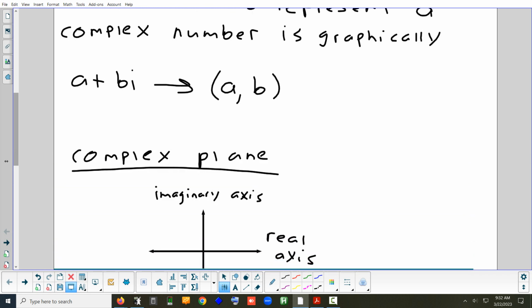And what we do when we graph complex numbers is we have two axes. There's a horizontal and a vertical, but we do not call them x and y. When you graph a complex number, we call the horizontal real, and we call the vertical imaginary.